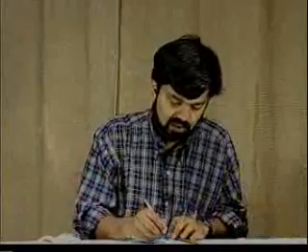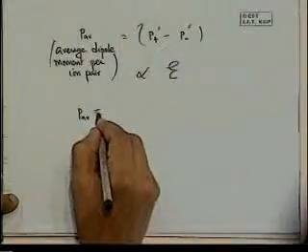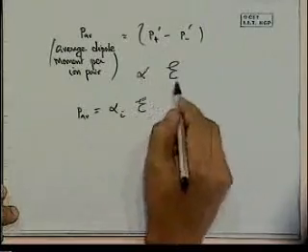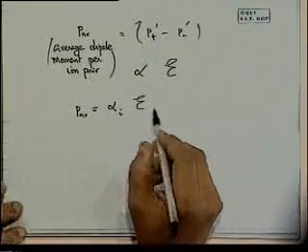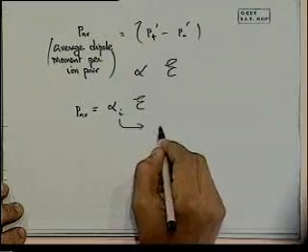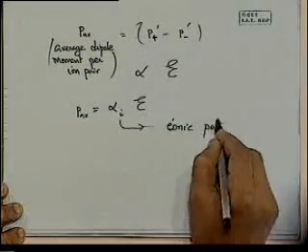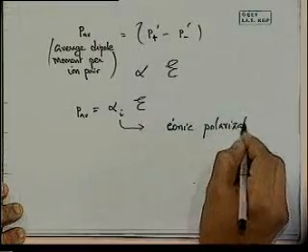Now here also we can write it as P average is equal to some polarizability times field. So the constant there is my polarizability, except that I'm using the symbol i to indicate ionic polarizability instead of e, which we used for electronic polarizability.